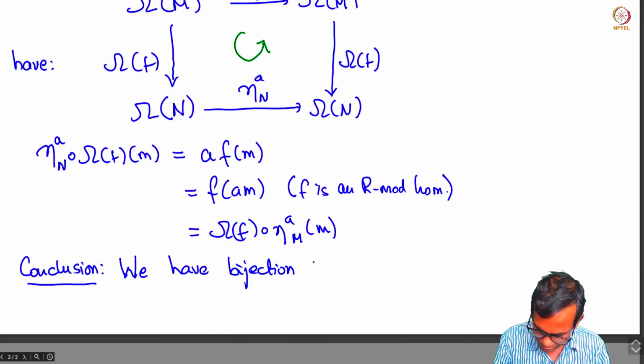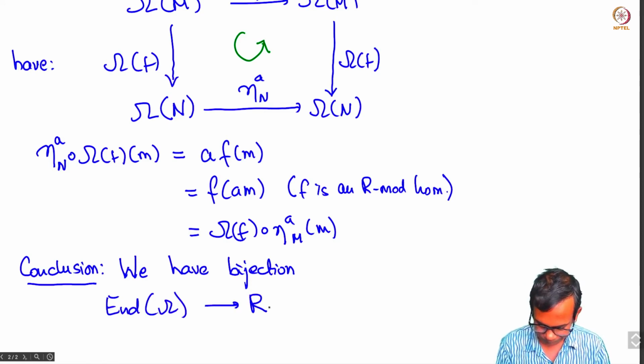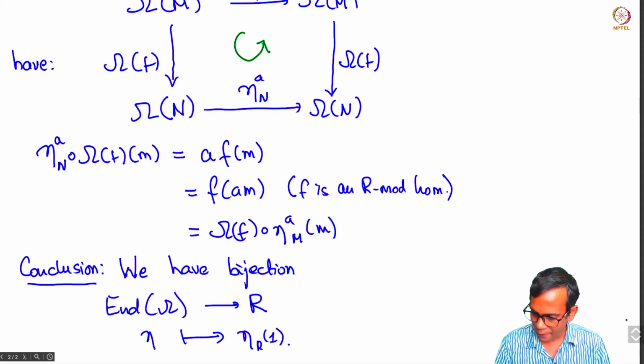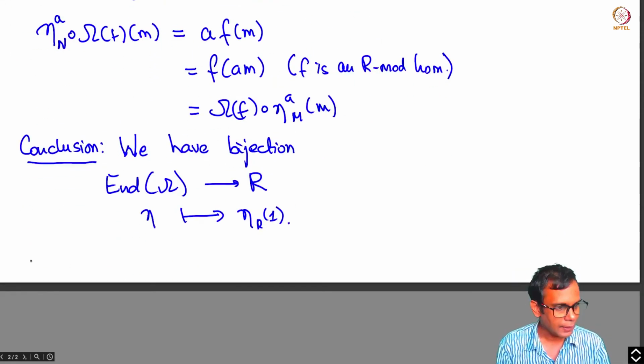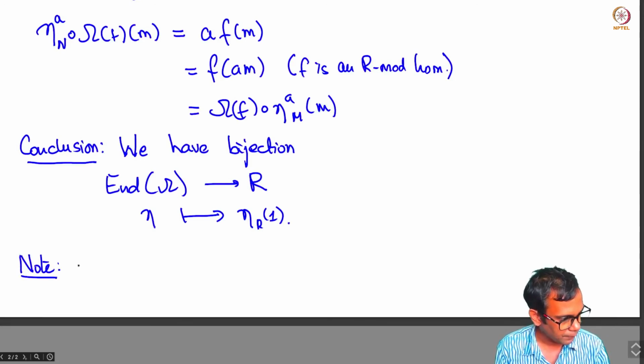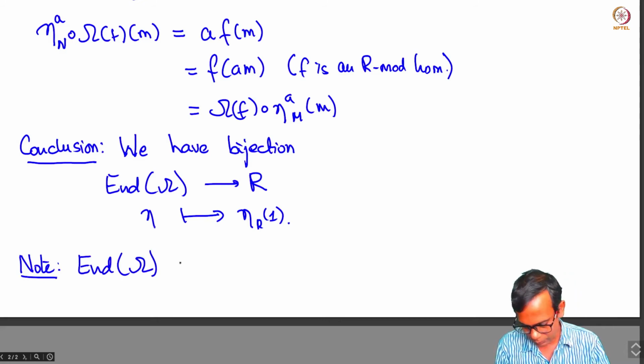So we have a bijection from End omega to R given by eta goes to eta R of 1. And we can also check that this End omega has the structure of a ring, not just a monoid.